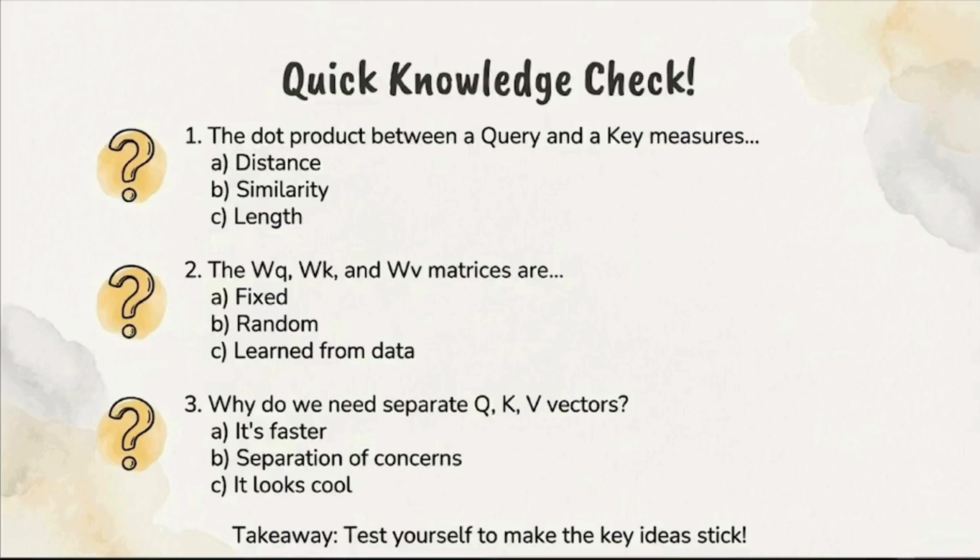Let's see. First, dot product tells us how relevant one word is to another word. Second, they are trainable matrices, and the model learns from them. And third, because one vector cannot do all the jobs, we split, making the system more flexible and learnable.